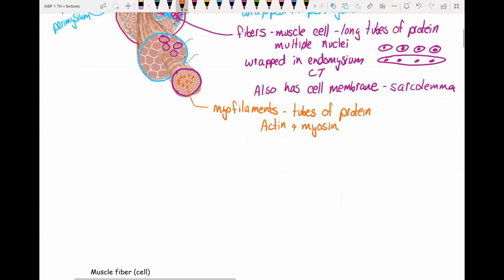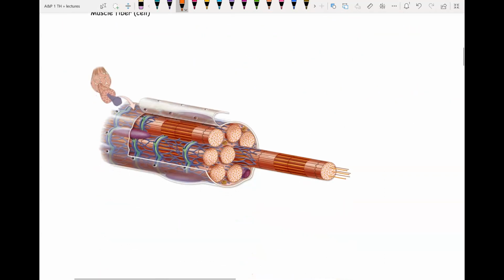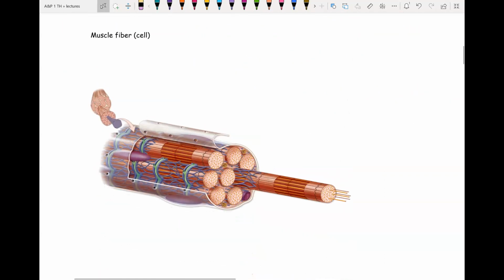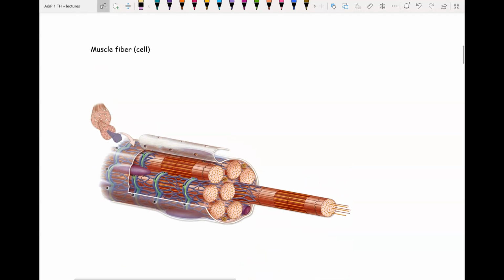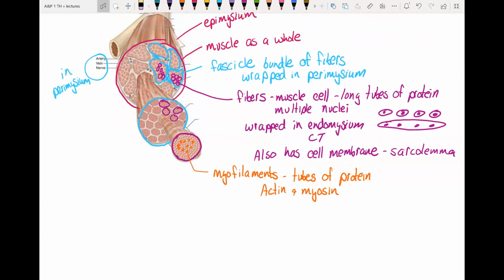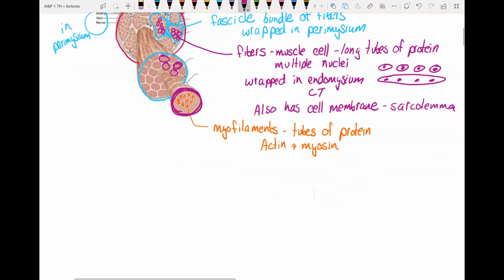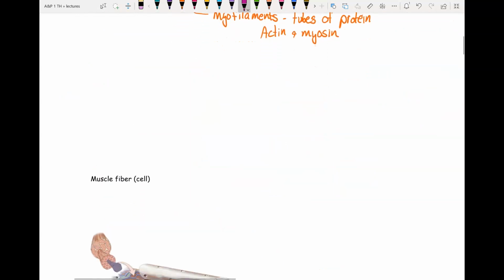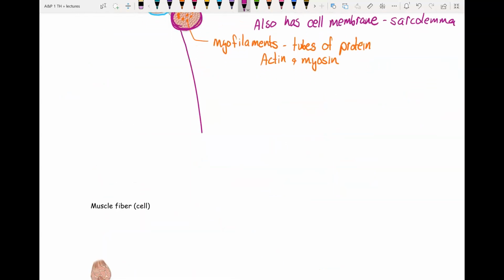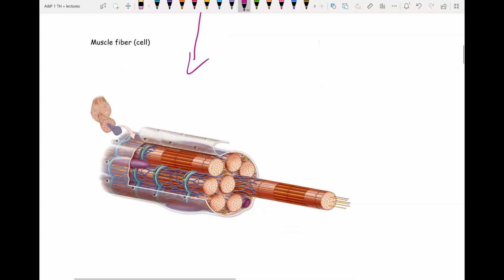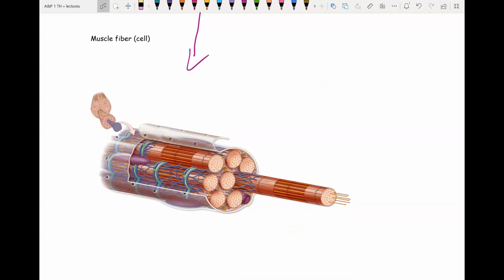So now we're going to move on to the next picture, and we're zooming in. So this is an up close of a fiber. So you can see here the fiber level, right here, this circle. Now we're zooming in up close. So this right here, fiber, is what we're looking at up close here. So remember, we have the sarcolemma, that's the cell membrane.